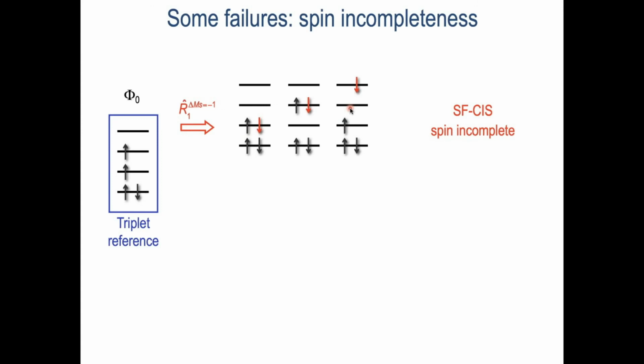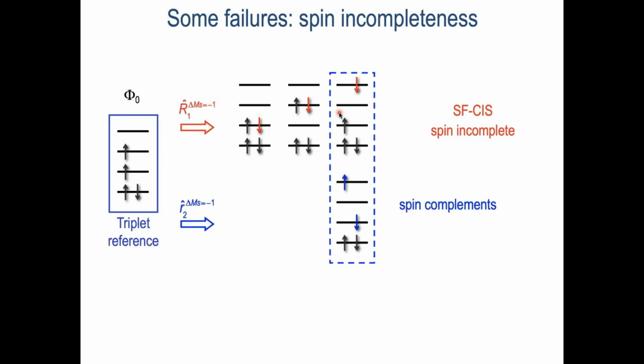But what we will realize is that if we include all possible spin flip singles, we obtain configurations that are spin incomplete, meaning that we obtain a configuration where we have a spin up, spin down configuration, but we don't have its complement. And this complement corresponds to a double excitation with respect to our starting point, our triplet reference.